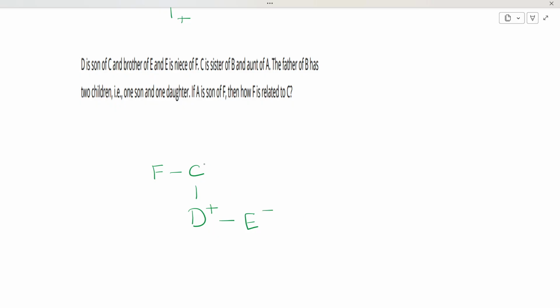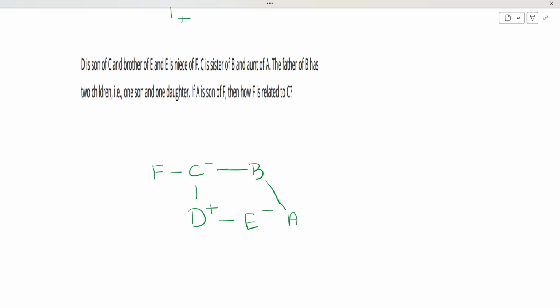C is the sister of B. Okay. And aunt of A. An aunt of A. That means we have a child of B. Okay, and that child is basically a nephew or a niece to C, and in the same manner C is basically aunt of A. Now the father of B has two children.